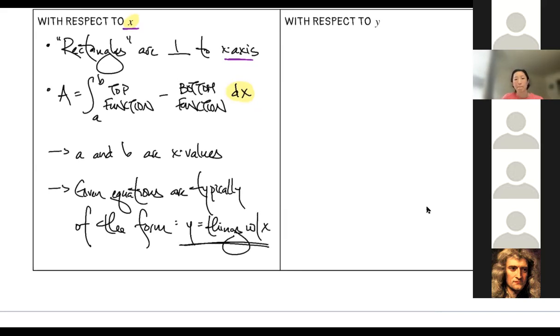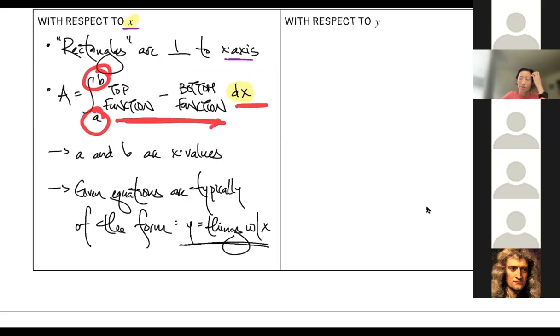Okay. So if you see y equals blah, blah, blah, or f of x equals blah, blah, blah, then the question is really hoping that you're going to have rectangles that are perpendicular to your x-axis, and that you'll have an x here and an x number here. You'll have a dx at the end, and these equations in here will have x's in them.